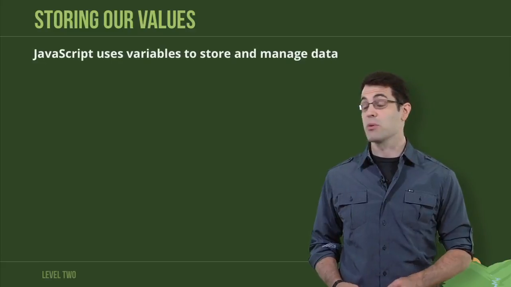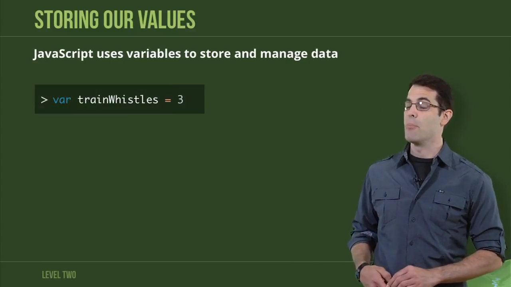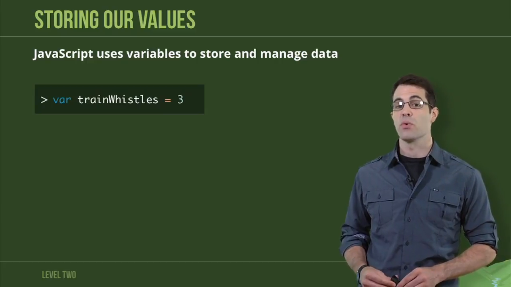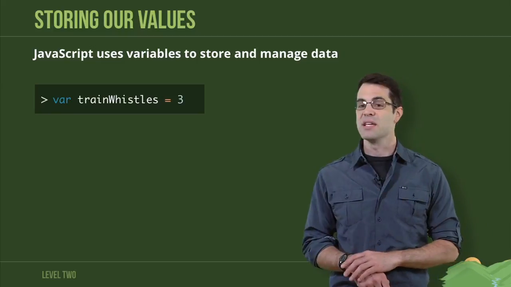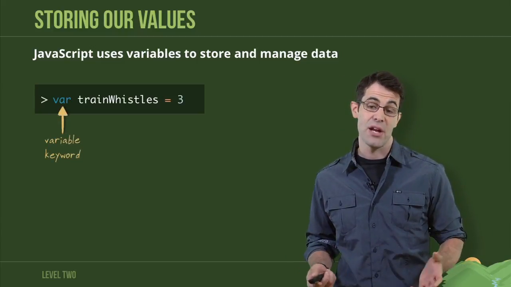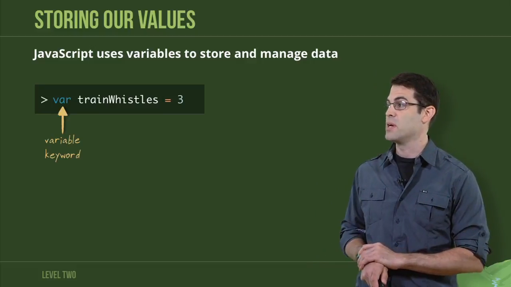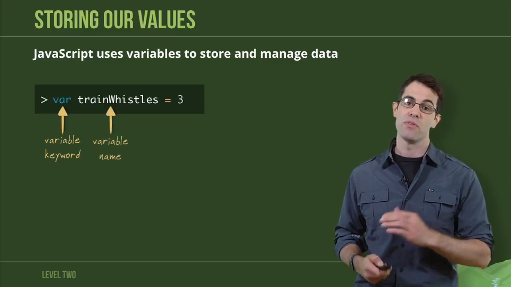JavaScript uses variables to store and manage data. You can see here a basic assignment syntax for a variable called trainWhistles. That var is the variable keyword. It's what tells the browser to set some space aside for the variable itself. The next thing you see is the trainWhistles name. That's the name of the variable.